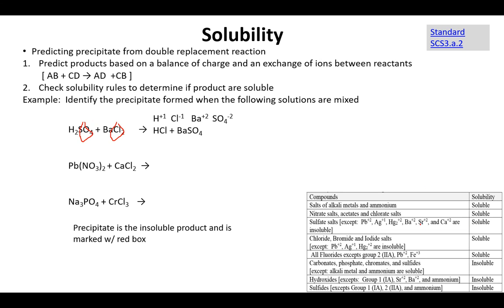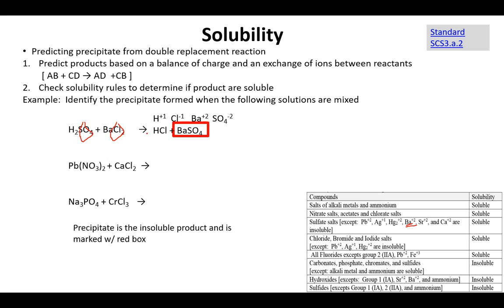Sulfate, if it is with barium, is insoluble. So barium sulfate would be my precipitate. If I were to mark the phases on this particular reaction, the first two, my reactants, would be aqueous. The first product would be aqueous, and my second product would be a solid.